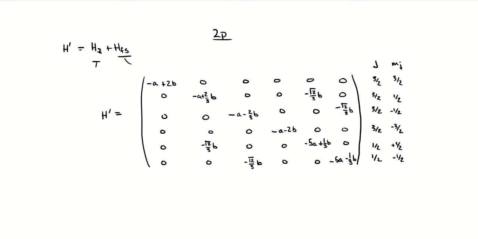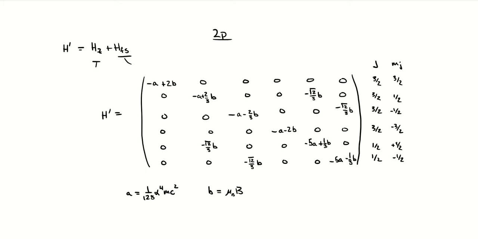And A is equal to 1 over 128 alpha to the 4 mc squared, so that's associated with the fine structure term, and B is equal to mu_B times B, associated with the Zeeman term in this Hamiltonian.